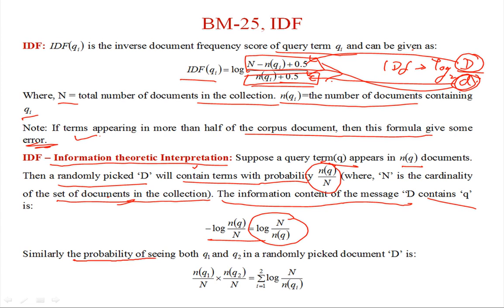Similarly, the probability of seeing both Q1 and Q2 in a randomly picked document can be given as minus log nQ1 by N into minus log nQ2 by N, which is equal to the summation over i equal to 1 to 2 of log N divided by nQi. The use of the extra part is just for balancing.